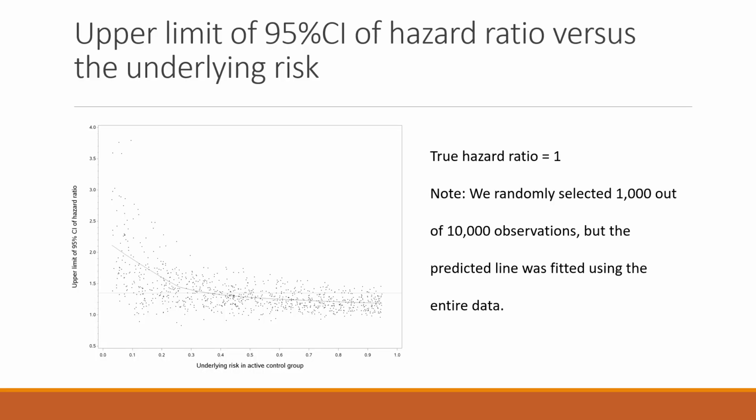This figure shows the plot of upper limits of 95% confidence interval of hazard ratio against follow-up time for a true hazard ratio of 1. Each dot represents one simulation and the line is the predicted line fitted by a non-parametric regression model. In summary, the upper limit of 95% confidence interval decreased sharply when the underlying risk was between 0.03 and 0.25, and then gradually decreased until the underlying risk reached 0.95.